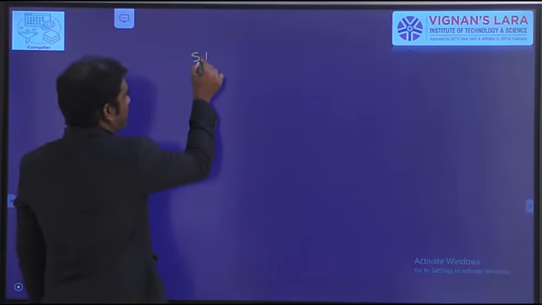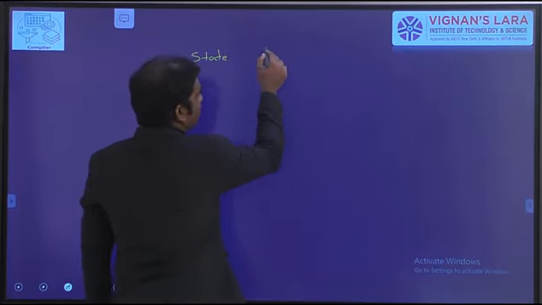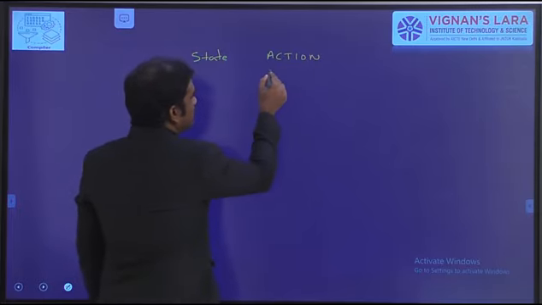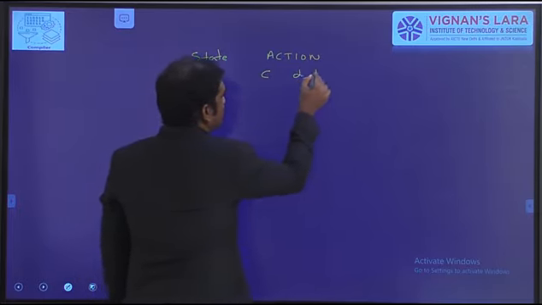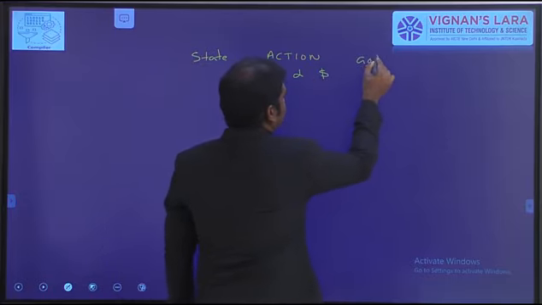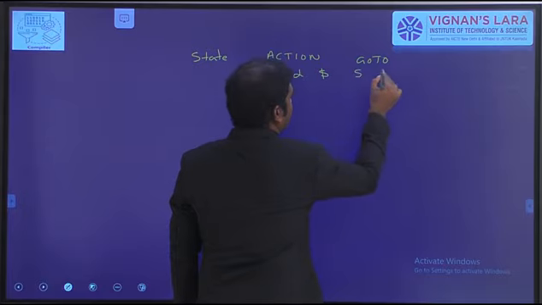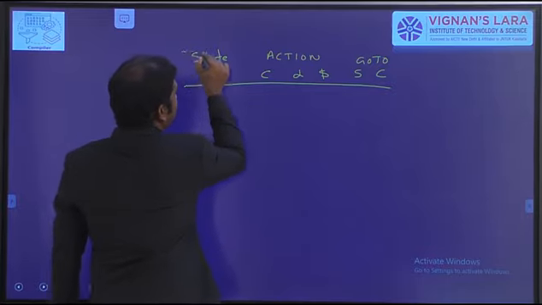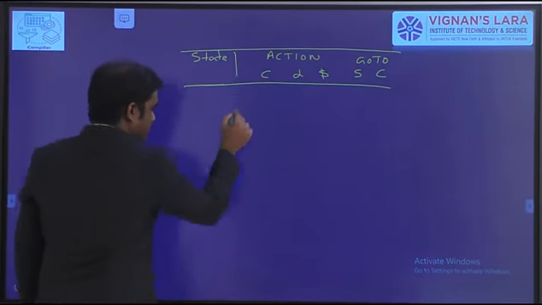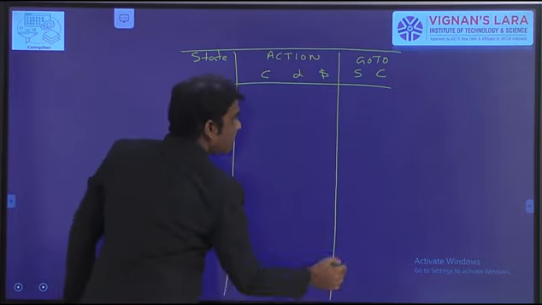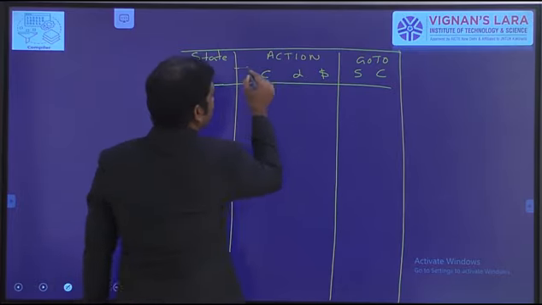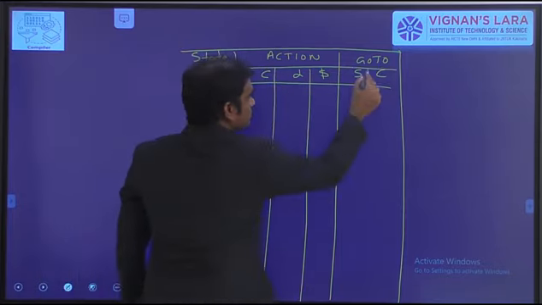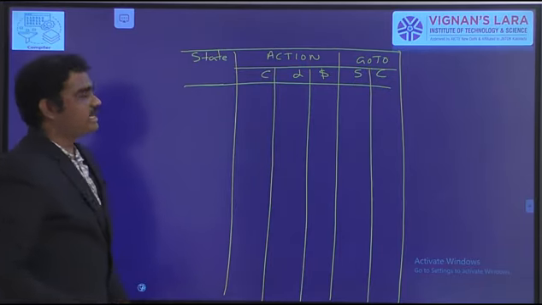So state. Next one action. Action means only 3 symbols, C, D, dollar. Next one go to, which means S, C. So this is the table.